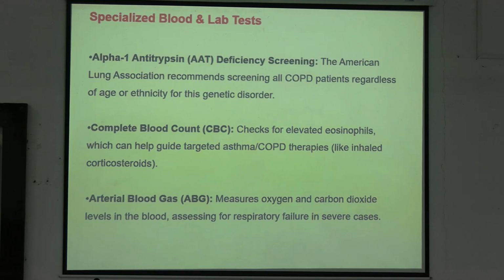There are some specialized blood and lab tests, like alpha-1 antitrypsin deficiency screening, which the American Lung Association has recommended for screening all COPD patients. CBC, complete blood count, for elevated eosinophils, and arterial blood gas, ABG, is commonly done.